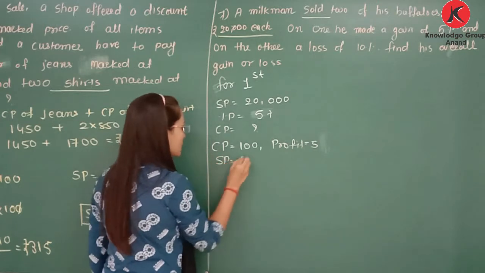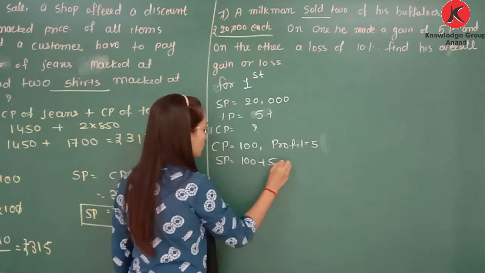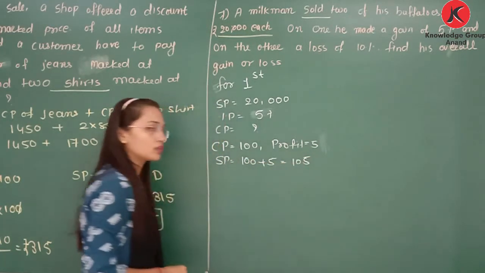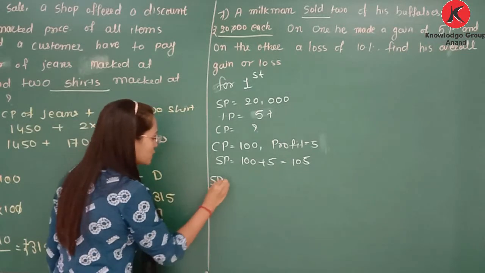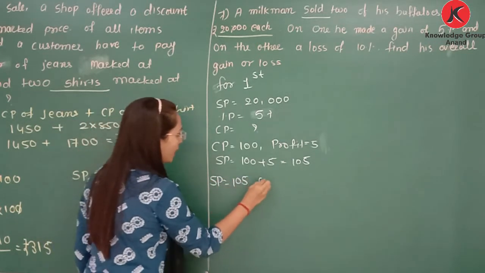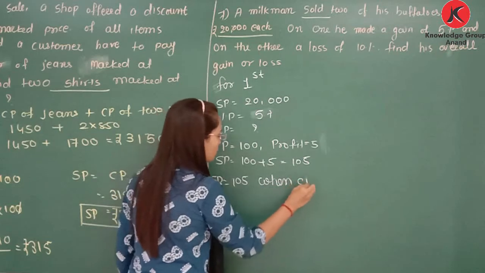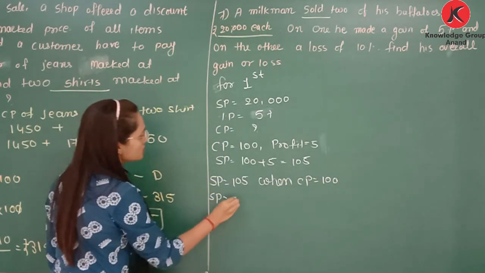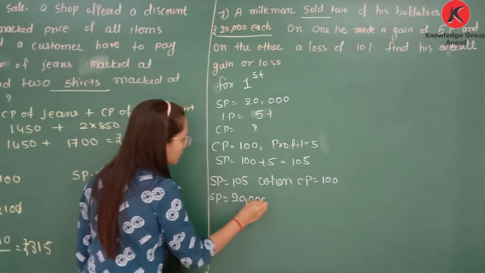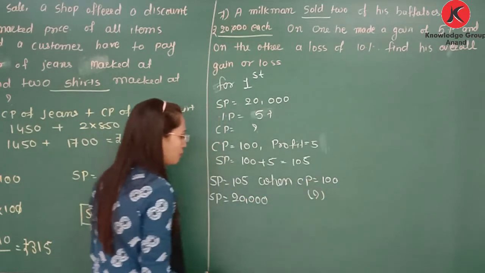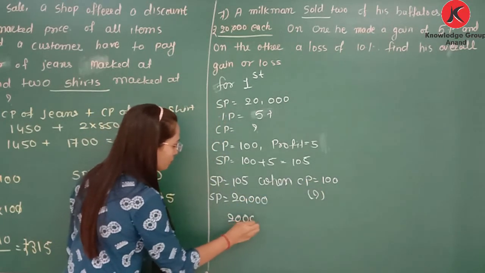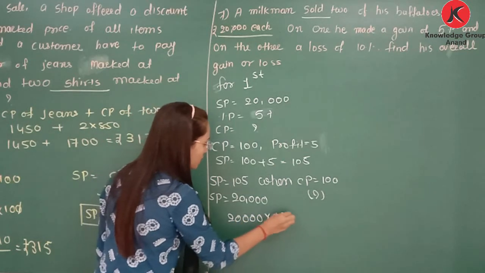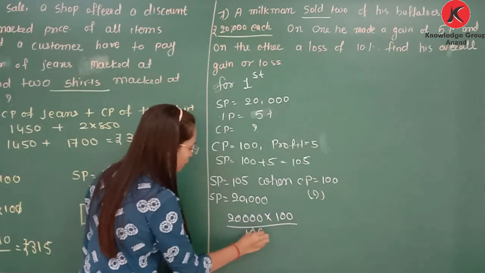So SP is 100 plus 5, that is 105. Now SP is 105 when CP is 100. But our selling price is 20,000. So what is the cost price of first buffalo? That is 20,000 multiply 100 divide 105.